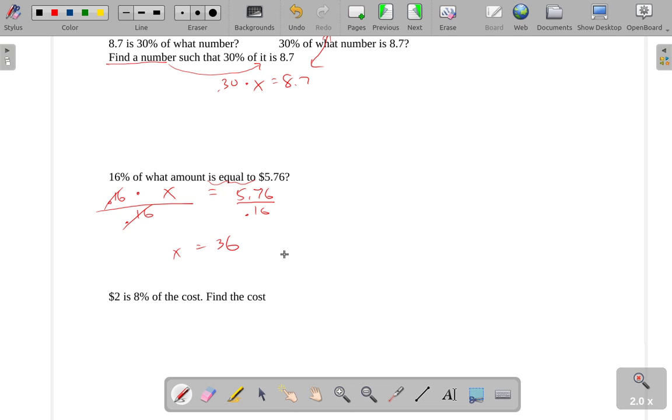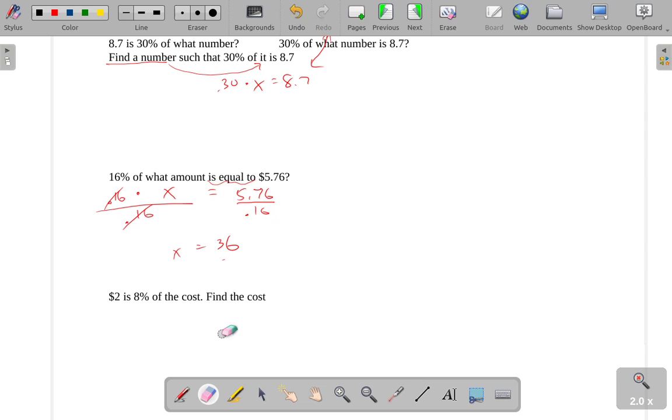Now, you're taking a little bit more of a leap of faith by just trusting the math on this one. So it's a good idea to look back at it and figure out, does this intuitively make sense? So reread this problem with this 36 in place of the what amount. So I said 16% of 36 is $5.76.